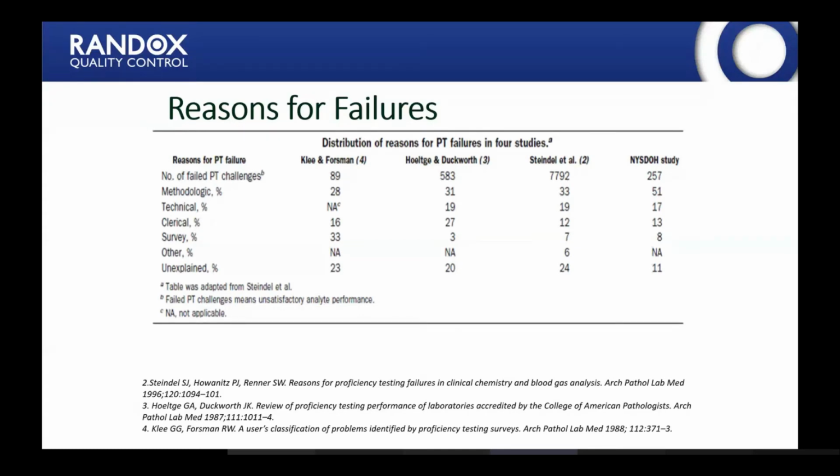We need to look at least multiple results, potentially over multiple concentration ranges, to ensure that we actually have a bias. Because what we certainly don't want to do is to introduce changes into the system that will actually have a detrimental impact. So unless you know what the root cause of the problem is, then you can't put proper corrective action into place.